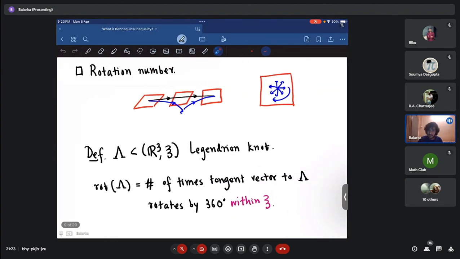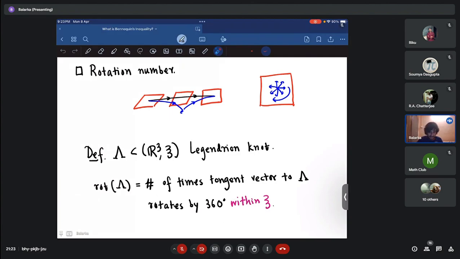Here is another invariant, and it's slightly harder to describe. It's called the rotation number. Earlier we saw the Thurston-Bennequin number is the twist of the tangent planes as you go around the knot, how many times the tangent plane itself twists. The rotation number is how many times the tangent vector to the knot twists inside the planes. Okay, so let me describe it.